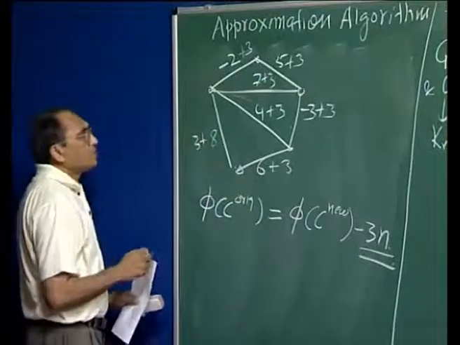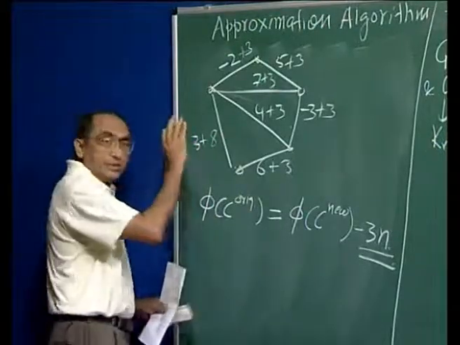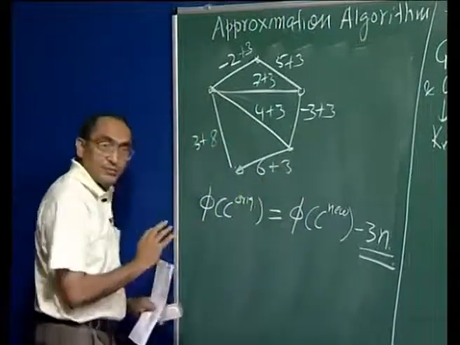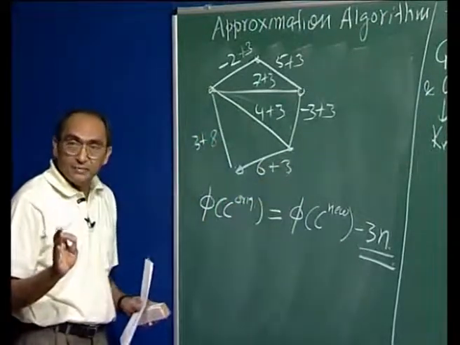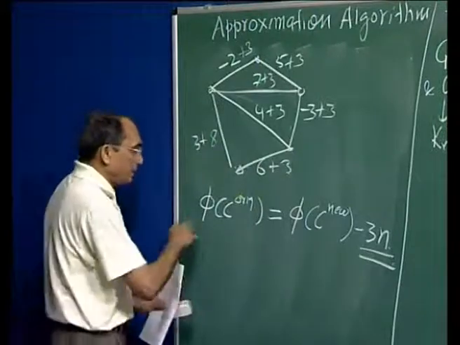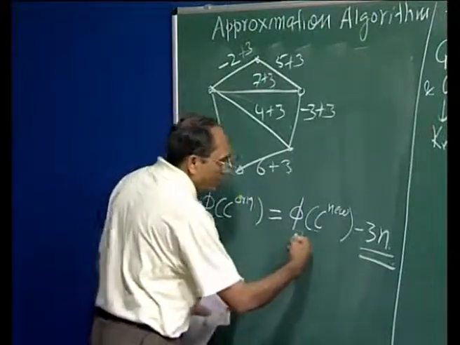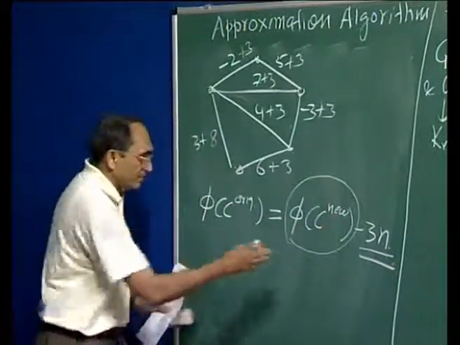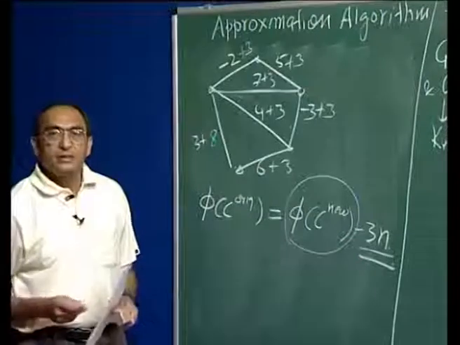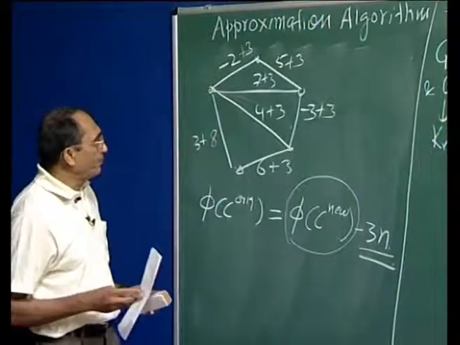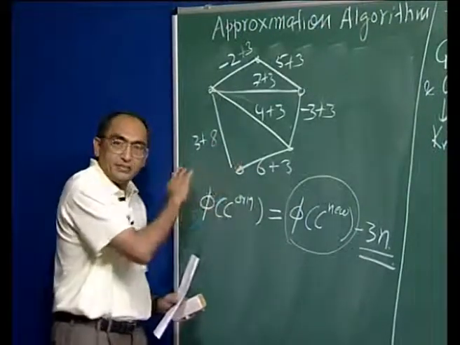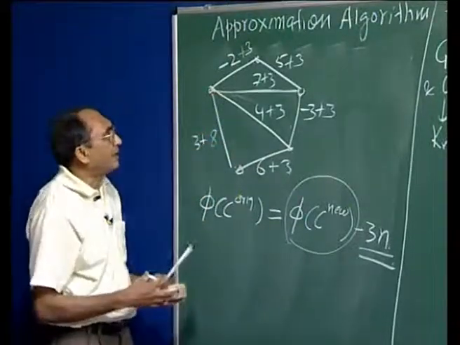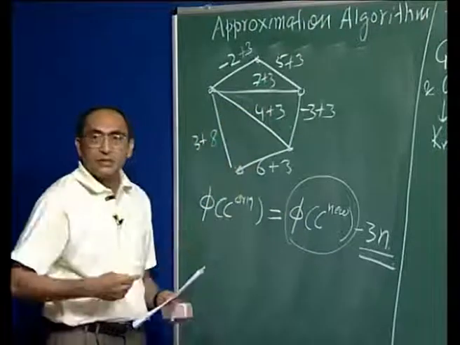Hence, to solve the problem on the original graph or on this graph is same. It is just you have to minimize this, or you minimize this. It is the same thing because this is just a constant. Hence, it is sufficient to assume all the weights are non-negative, because the moment you have negative weights, simply upgrade the weights by a constant, so that there is no negative weight.